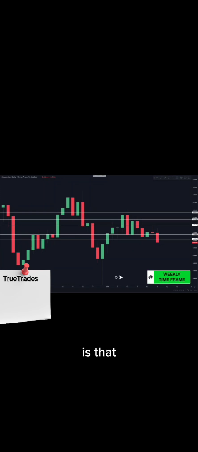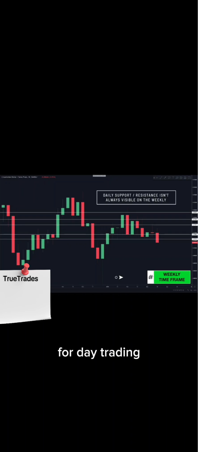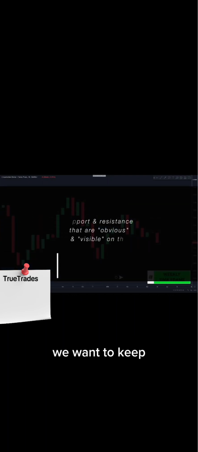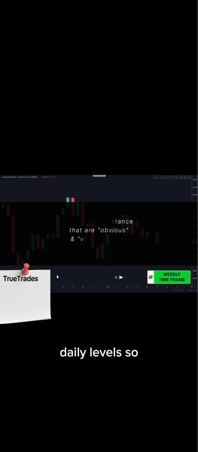Now, here on the weekly time frame, notice how the support and resistance levels you drew in from the daily are not visible on the weekly. So let's go ahead and remove all these daily levels. So here's the key to identifying your dynamic support and resistance levels. Look for levels of support and resistance that are obvious and visible on the weekly time frame.